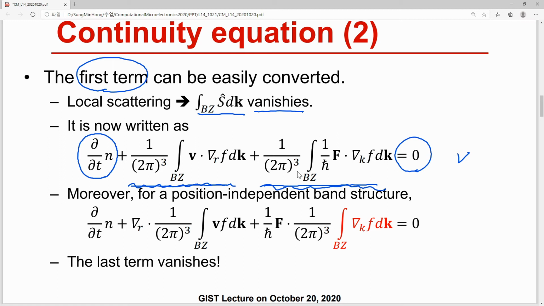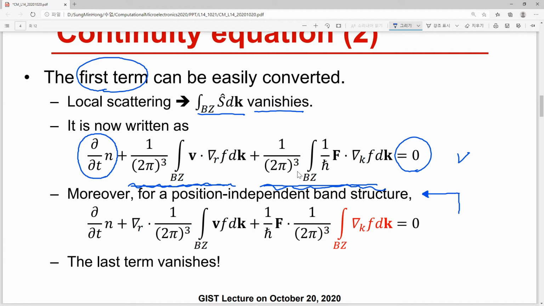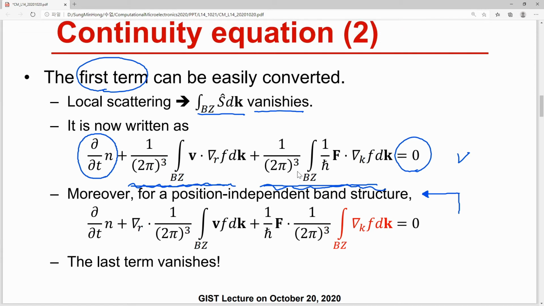Here we will introduce a certain assumption, which is quite valid in many cases. We will assume that the band structure is position independent. What does it mean? Here we have velocity.